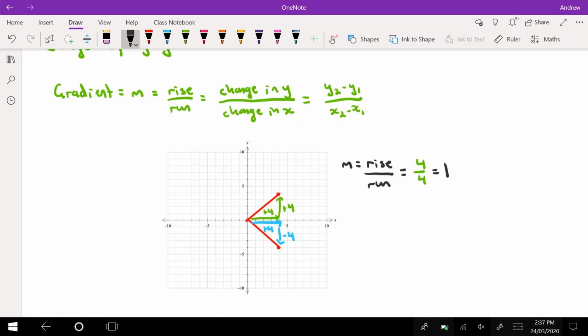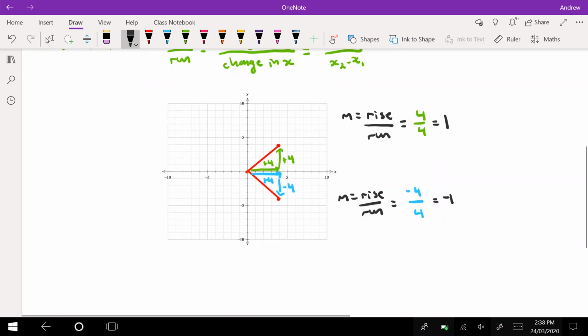So for my bottom line, gradient equals rise over run, which equals negative 4 over 4. And that's going to equal negative 1. So the rise is how much I go up or down, and the run is how much I go from left to right. Now that from left to right is really, really important.